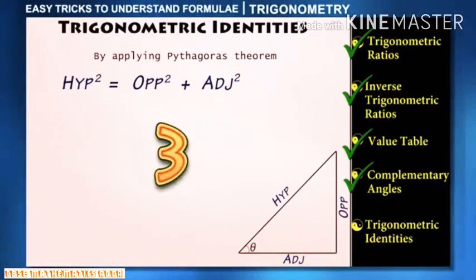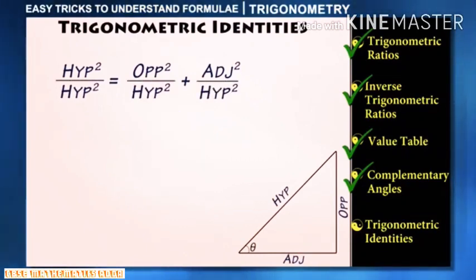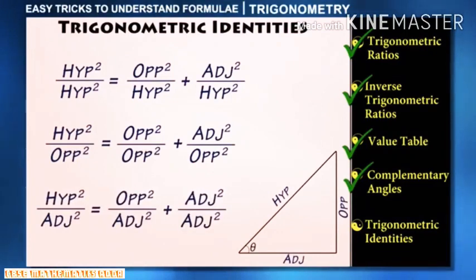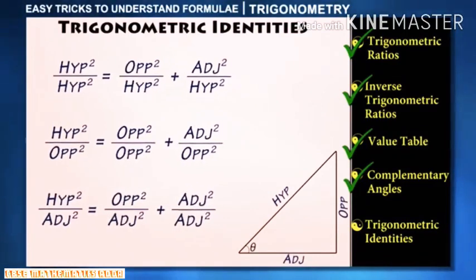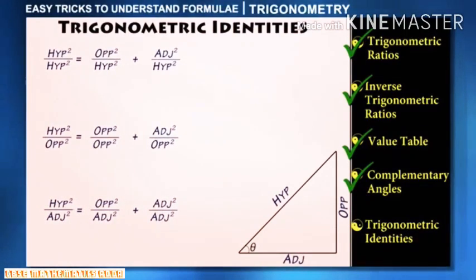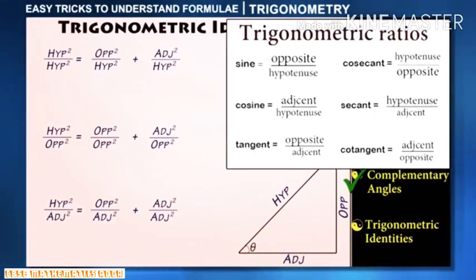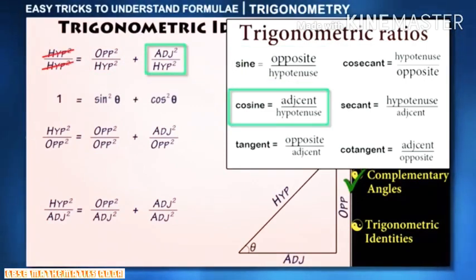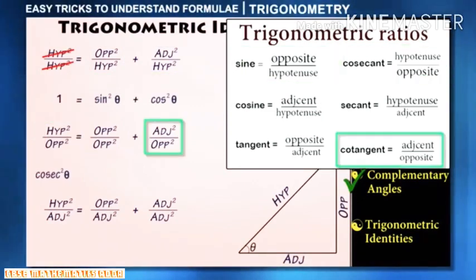Divide these thrice, once by hypotenuse square, then by opposite side square, and then by adjacent side square. And now, as we already know that this ratio is defined as sine, this is cos, and then cosec, cot, sec and tan.